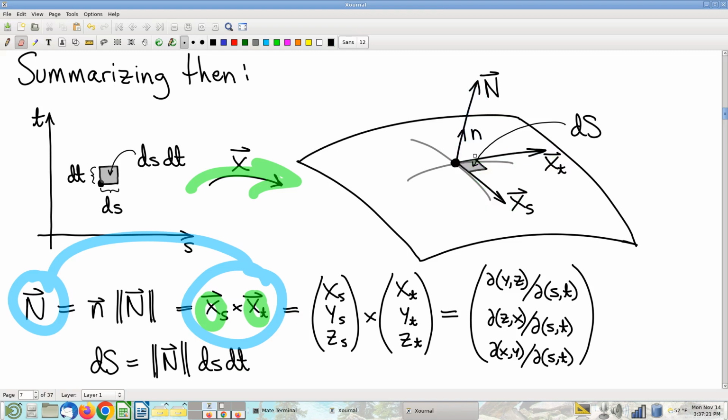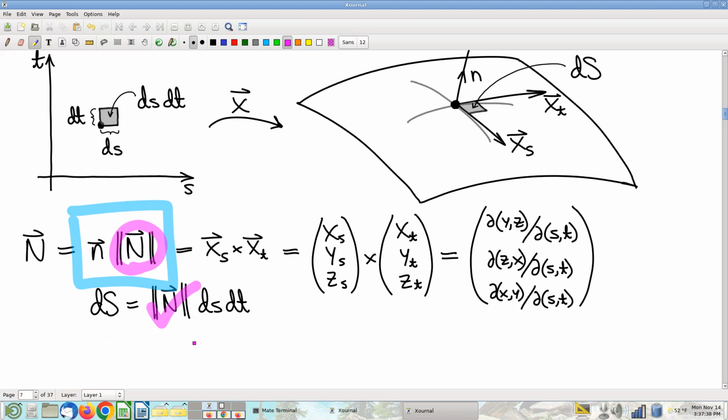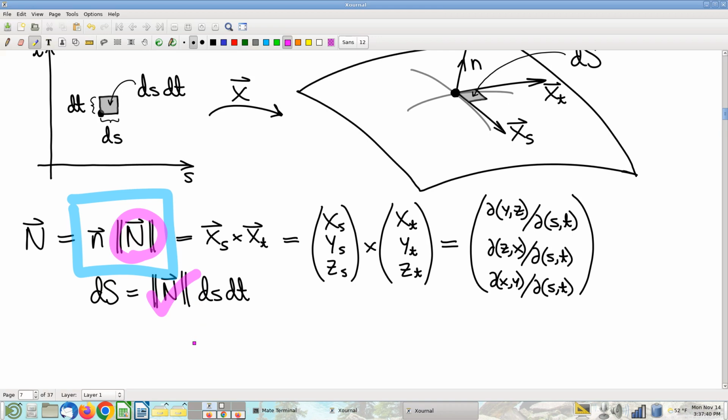And you can think of that capital N as being a product. There's two interesting things about this product. One is, again, the magnitude here is our stretching factor. And you can see it right there, playing its role as the stretching factor. It's what you multiply by parameter space area to get surface area.